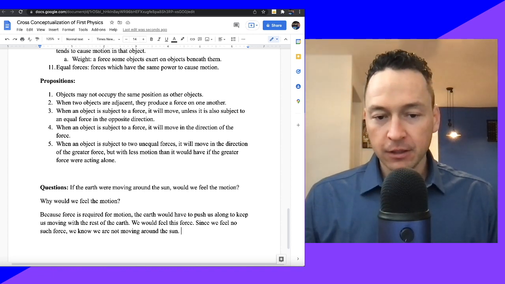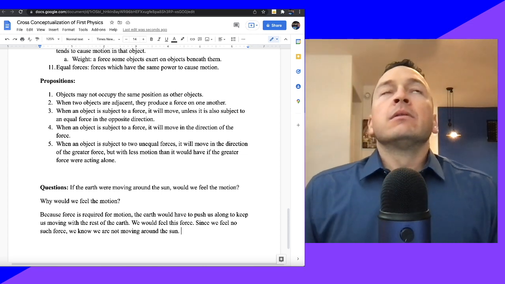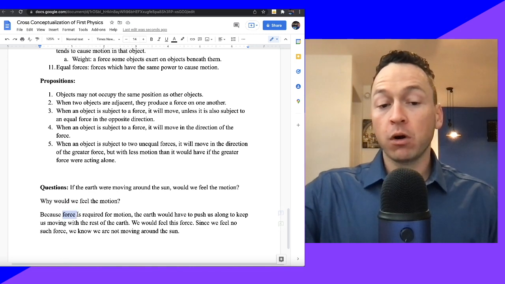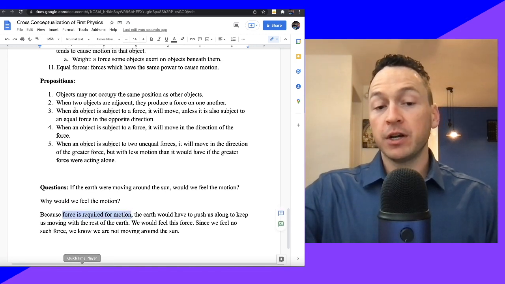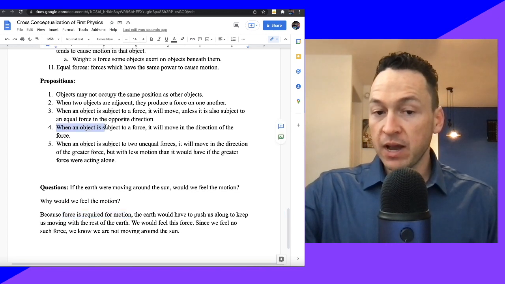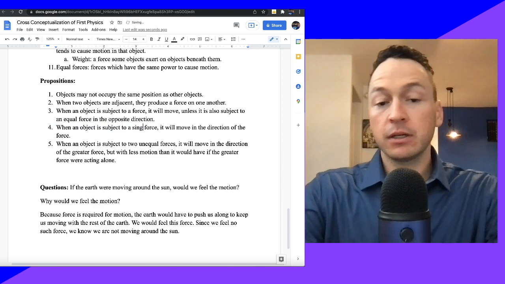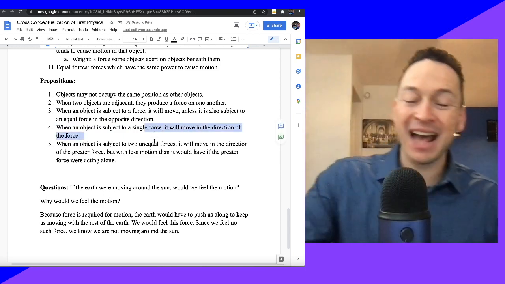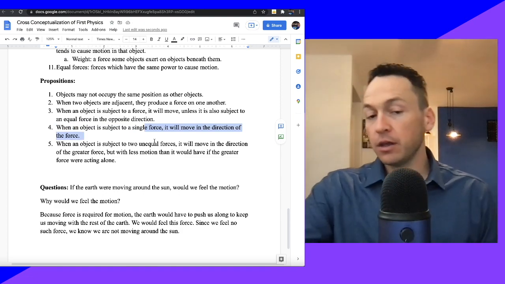Now, Galileo would then have to ask, is this actually true? Force is required for motion. Okay, well, let's take a look at something. When an object is subject to a single force, it will move in the direction of the force. Okay, yeah, that's true.